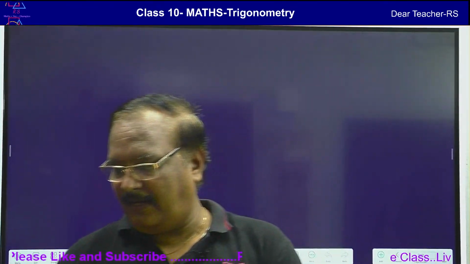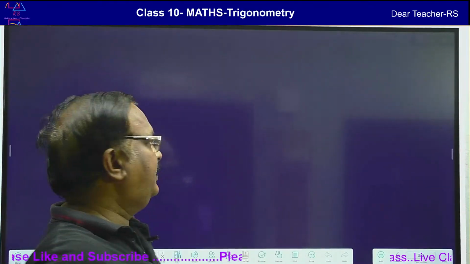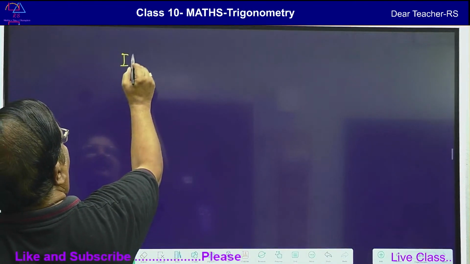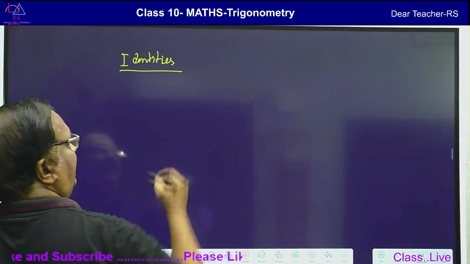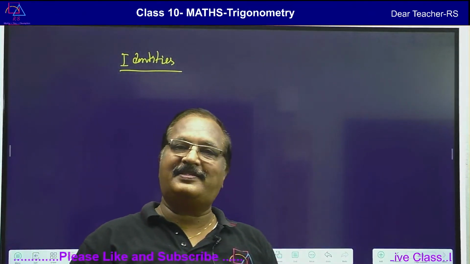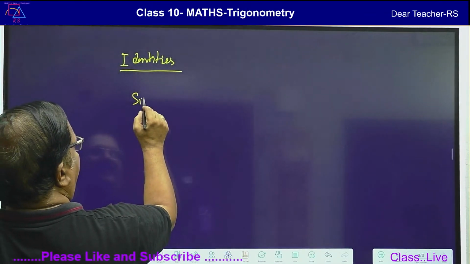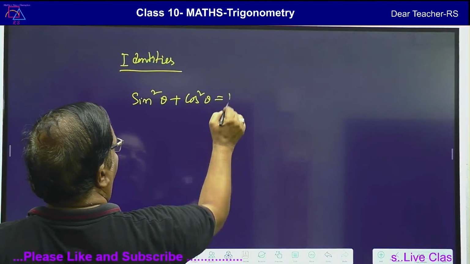So now I'll go to the next concept. So this is the first concept. Next concept is identities. Identities is like formulas. So the first identity is sin square theta plus cos square theta is equal to 1.